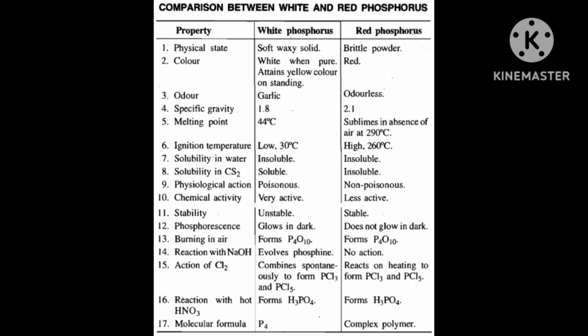Now come to the beta black phosphorus. Beta black phosphorus is prepared by heating white phosphorus.